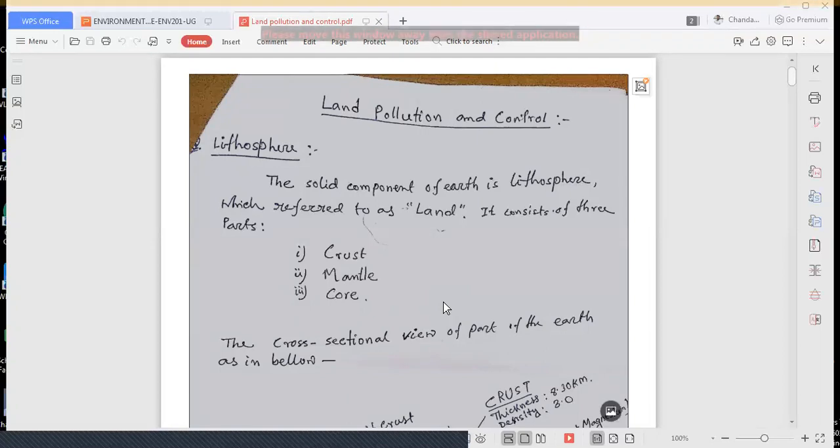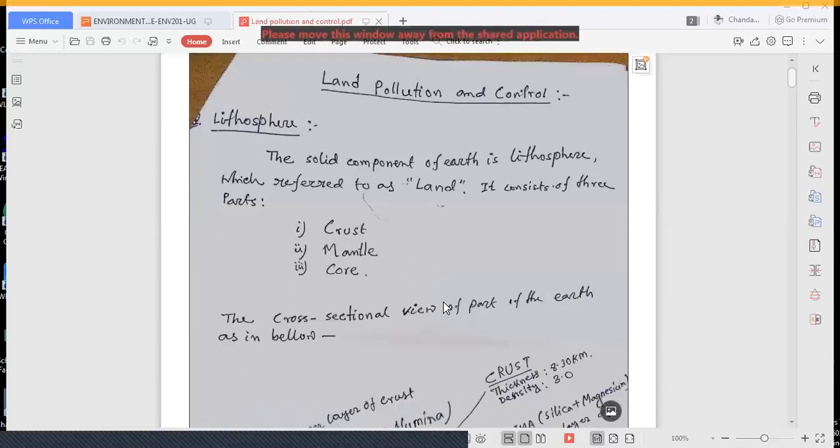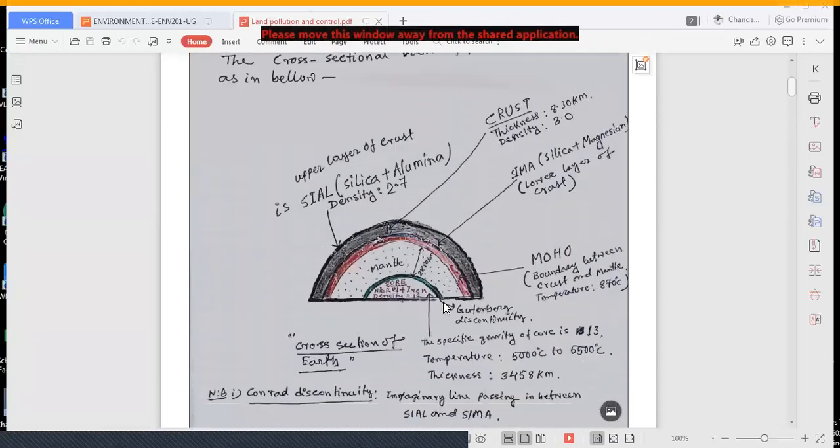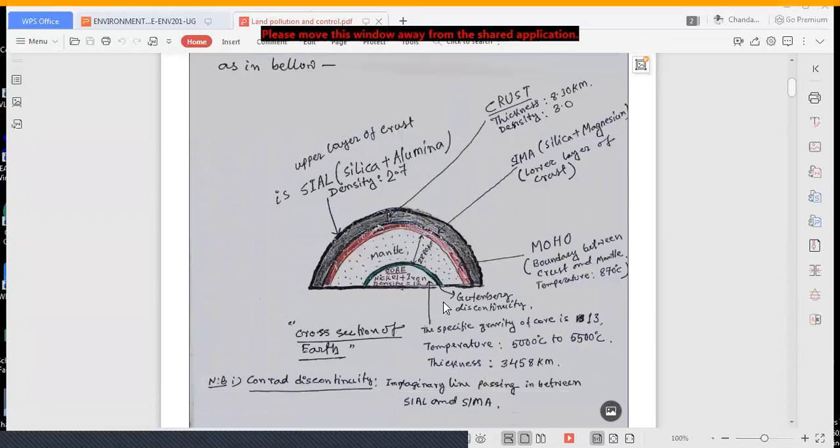The cross-section view of the core of Earth is shown in blue. This is the cross-section picture of the Earth's crust, the upper portion of the Earth.